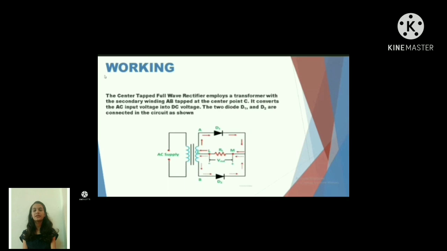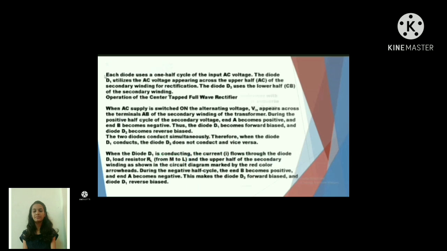The center tap full wave rectifier transformer has a secondary winding AD with the center tap at point C. There are two diodes, D1 and D2. The center tap full wave rectifier uses a center tap transformer to convert the input AC voltage into output voltage. When the input AC voltage is applied to the secondary winding of the center tap transformer, it divides the input AC voltage into two parts, positive and negative.